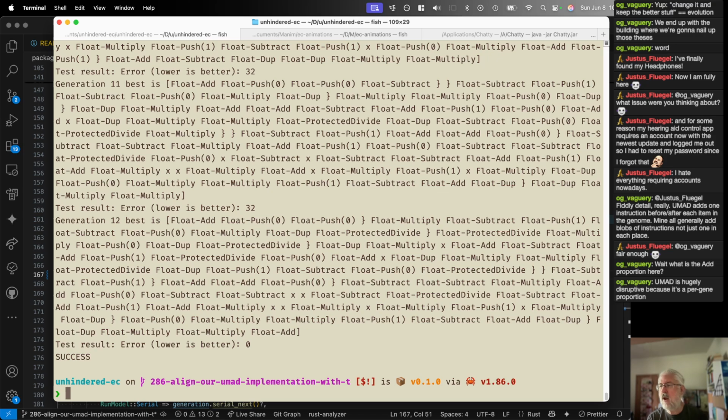So actually, Vagra, I didn't realize that you added blobs of instructions, whereas in the paper, we just added a single instruction. And, again, that's a great example of, is it really broken? No, it's just different, right?